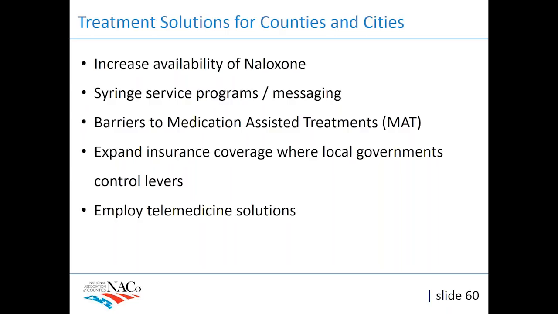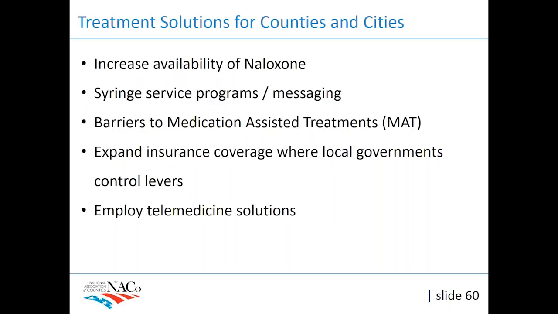Naloxone, I think, is in an odd way one of the success stories of the opioid epidemic. Getting naloxone into more hands, with local governments and counties working to ensure that not only individuals struggling with addiction, not just first responders, but all who come into contact with individuals who might be experiencing an opioid overdose have access to naloxone. In some places, that's public libraries and the librarians having access to naloxone.